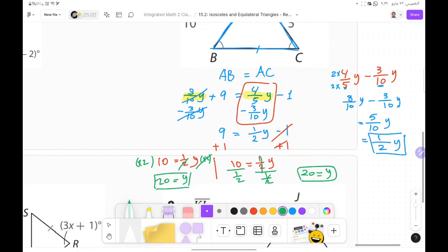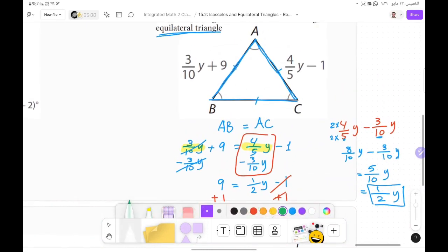After we found y, we need to replace y in the question. You can replace it in any side because it's equilateral. Let's do it here. 4 over 5 times y, which is equal to 20, minus 1.